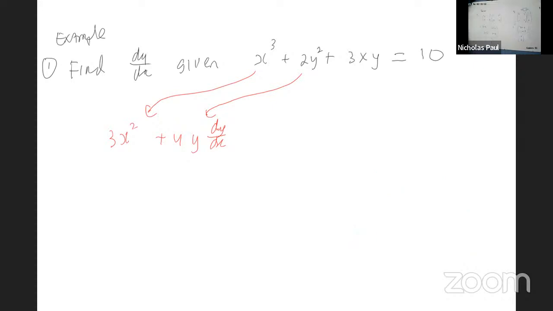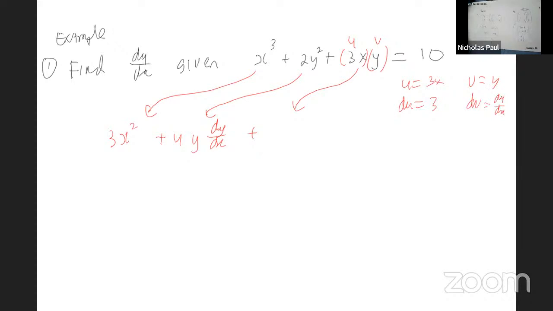And then the last part, we have a little problem here. In order for us to differentiate this properly, this has to be treated as a product. This is a u and this is a v. So you're going to have to say that u is 3x and v is y. So du/dx is 3, dv/dx is dy/dx.